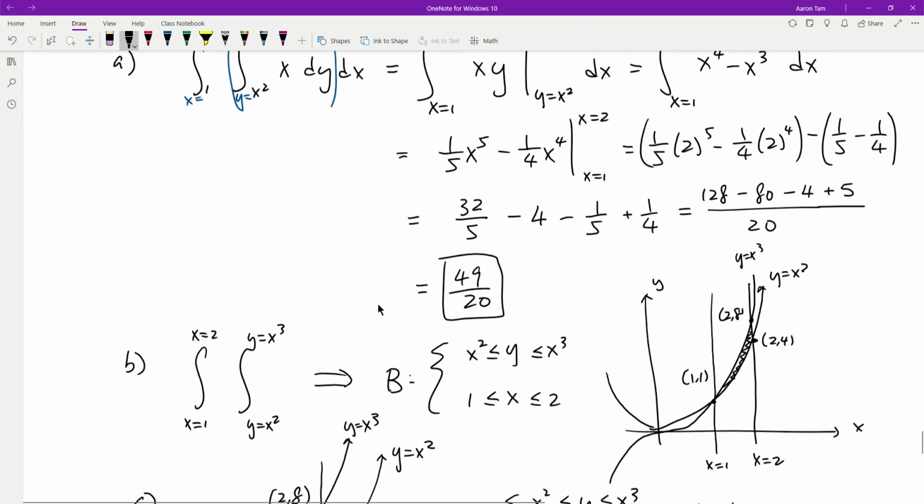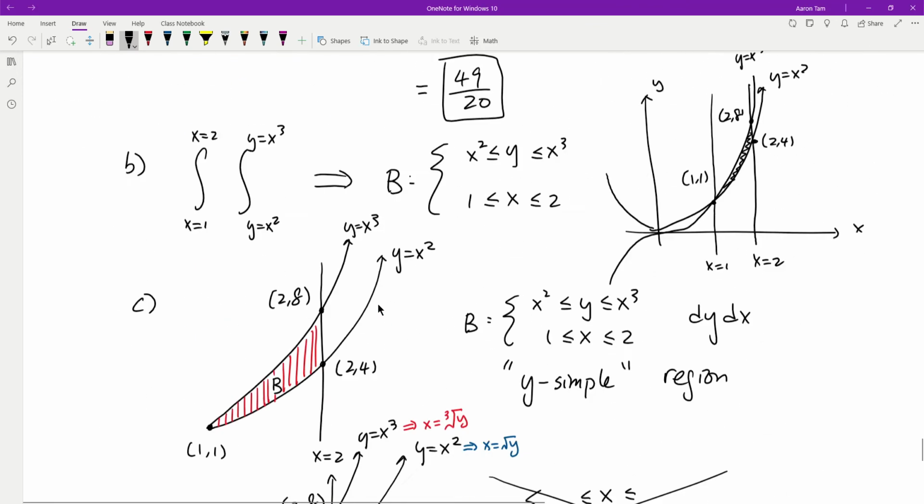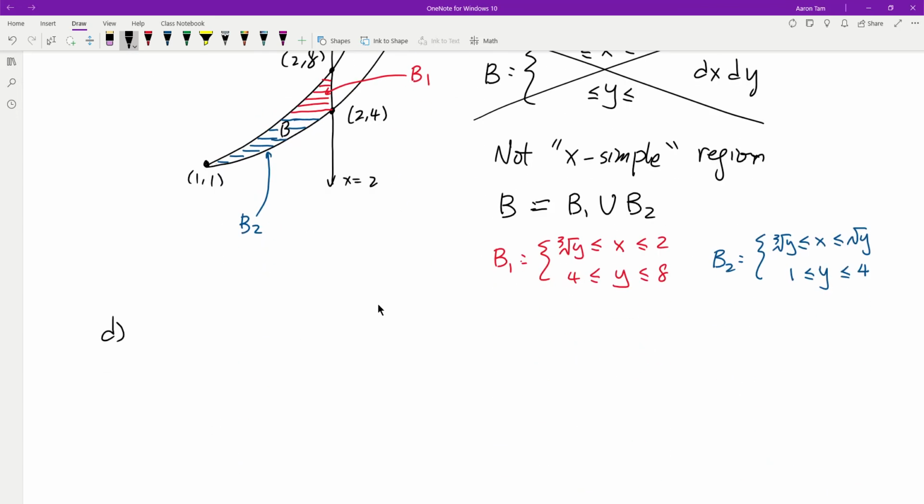I'm going to leave it up to you to evaluate the integral if you want to. It actually shouldn't be too hard to do, you just have to do 2 of them. So this one single integral using dy then dx would have to equal the sum of these 2 integrals.